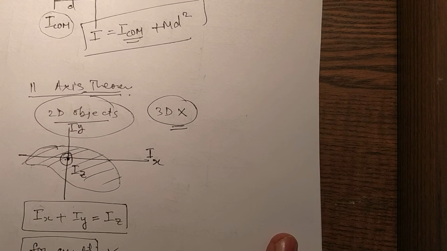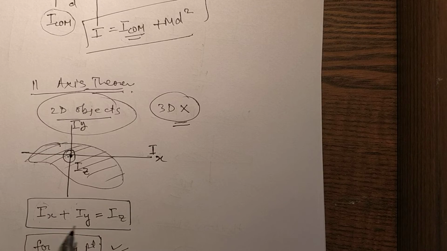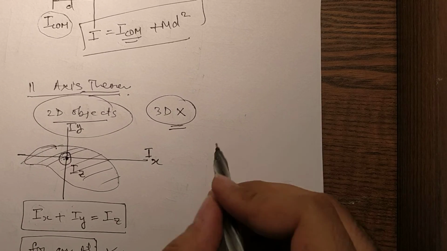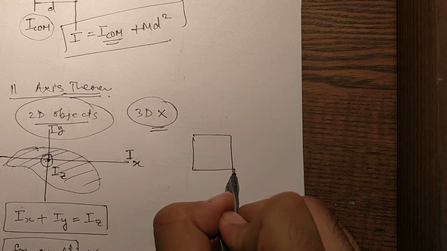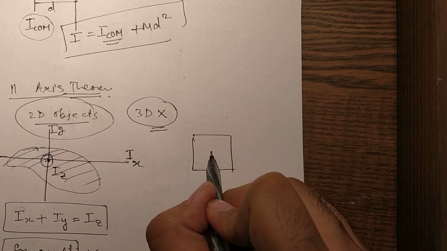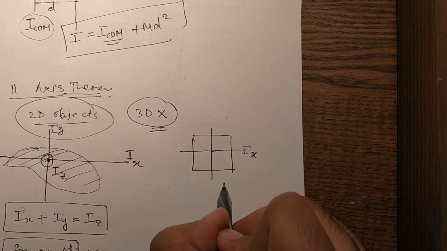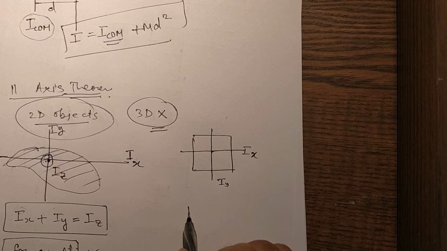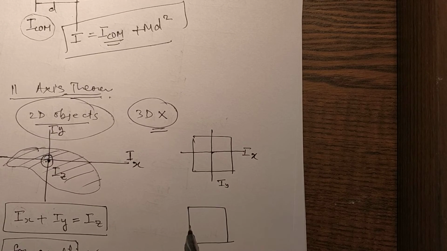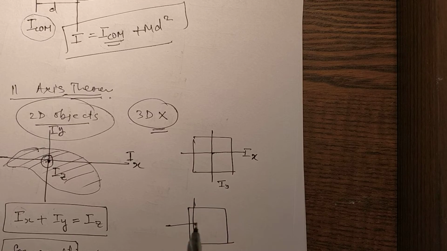Now here Ix and Iy may or may not be the same. For example, if you take this square plate, let's take this point here. You can see that this will be Ix and this will be Iy. Similarly, on the same square plate, if you take a point here, this will be Ix and this will be Iy.